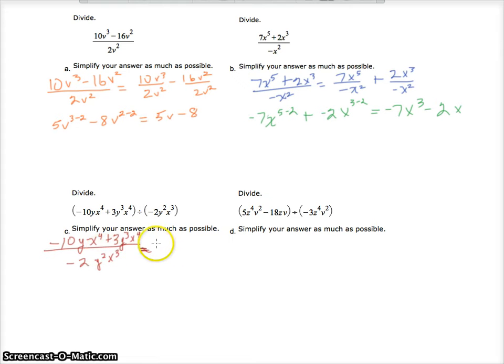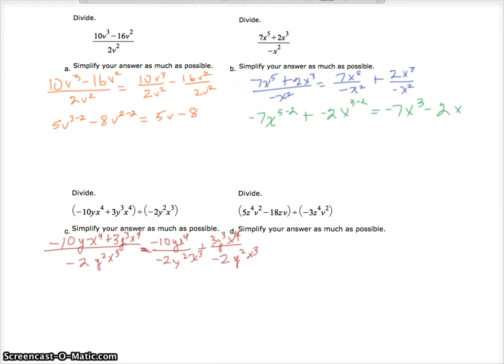I'm going to break it down into negative 10y x to the 4th over negative 2y squared x to the 3rd, plus 3y cubed x to the 4th over negative 2y squared x cubed.